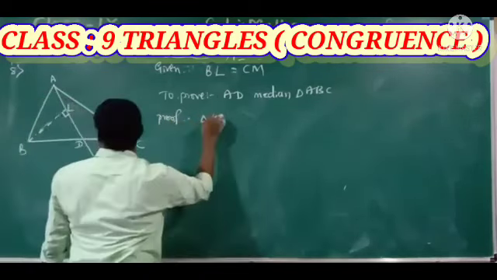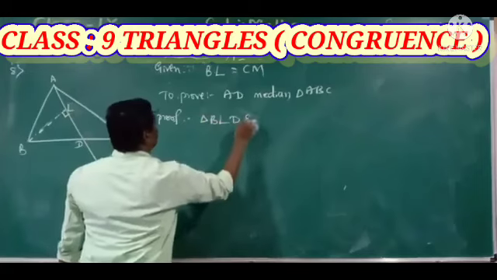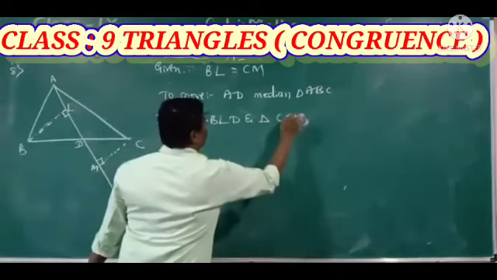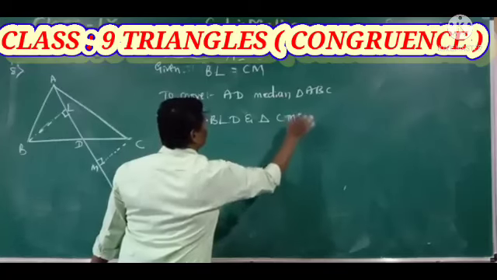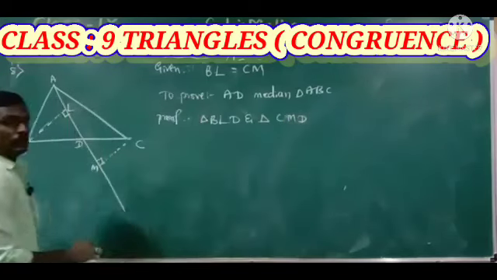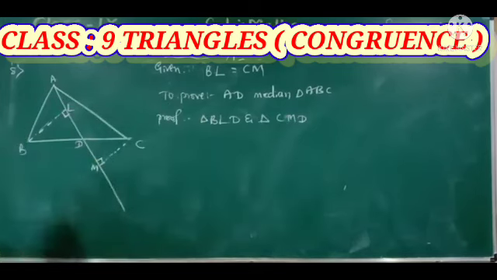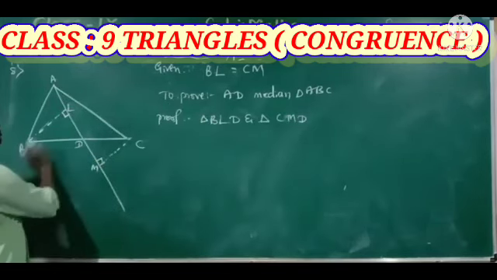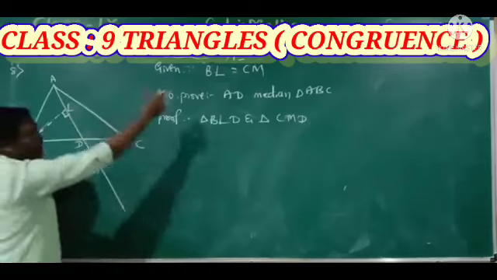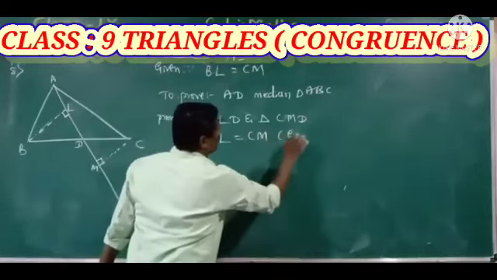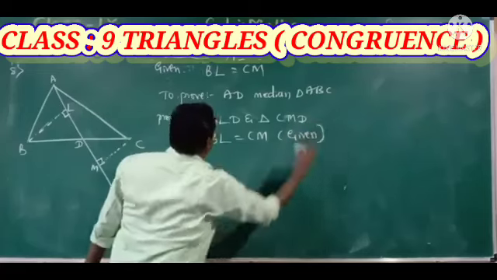In triangle BLD and triangle CMD, these two are right angle triangles, right? So in this, BL is equal to CM. They already gave it. This is already given in the statement.